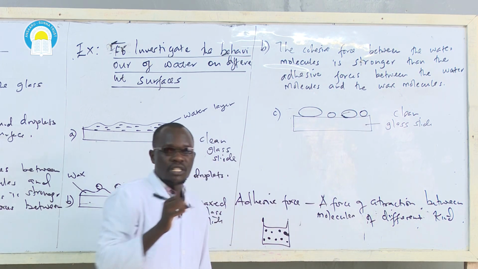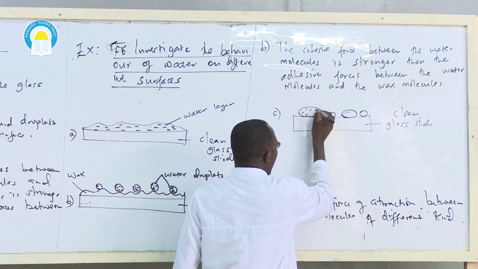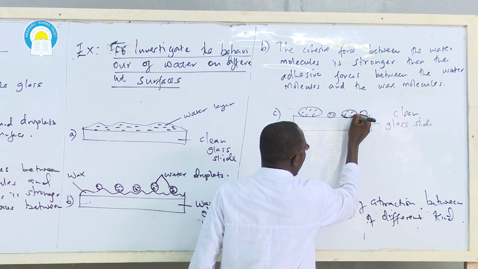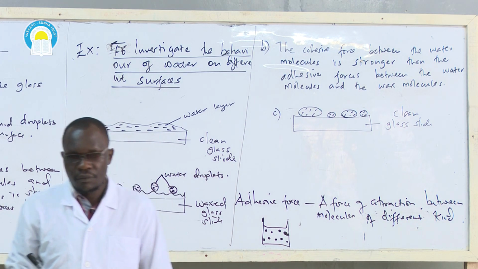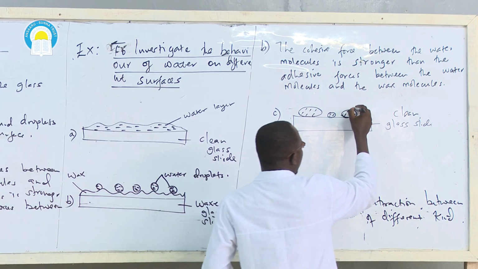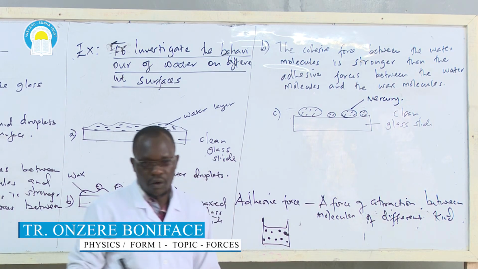But there is a difference in how the mercury drops look. If you look keenly, I've drawn 2 drops here. Droplets. They are balls made of mercury. This is mercury on the surface of the glass.